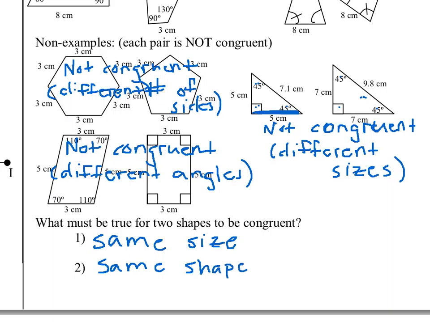So same size, we're talking about the lengths. And same shape, we're talking generally about the angles. So the way that we can check in on whether two things are congruent or not.